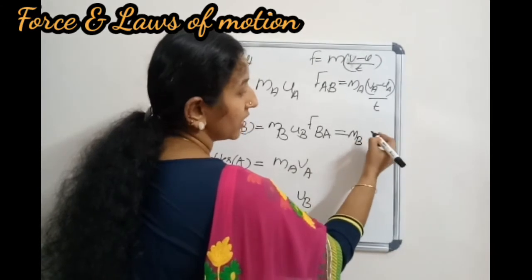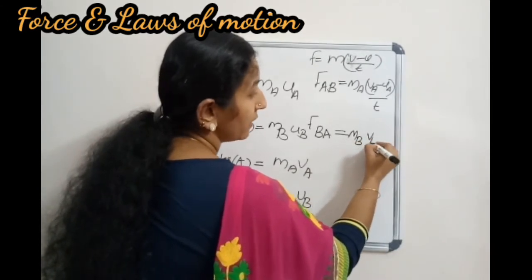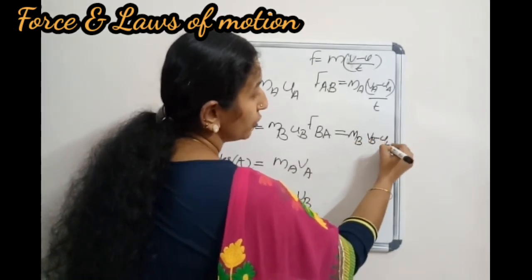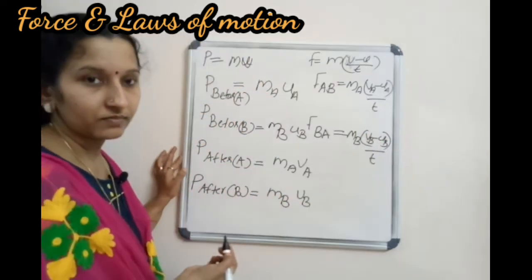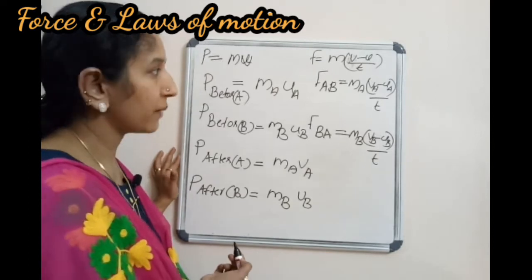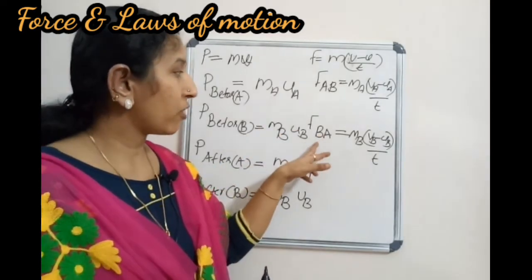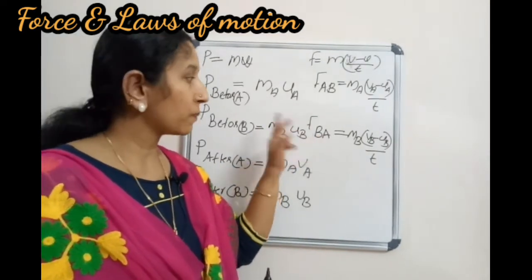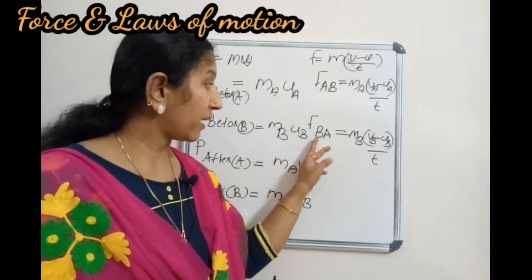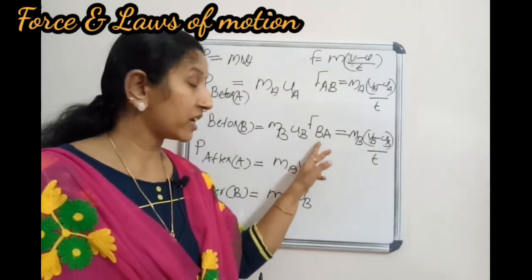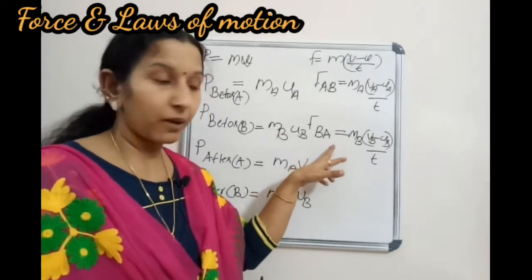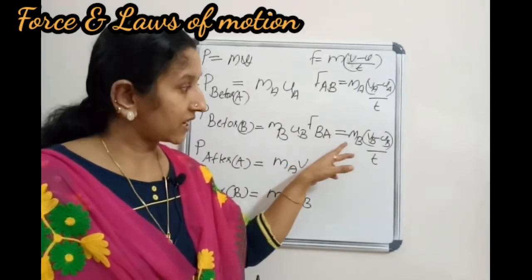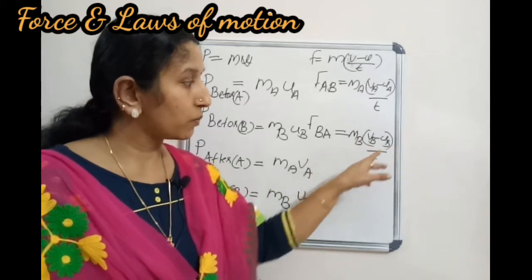MB into VB minus UB by T. That is, ball B exerts force on A, that is MB into VB minus UB by T.